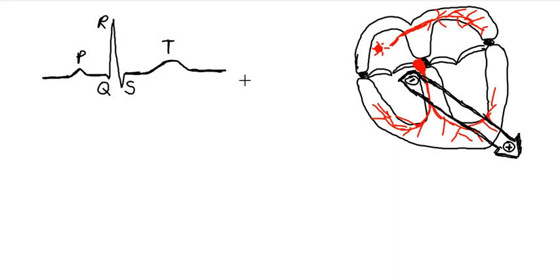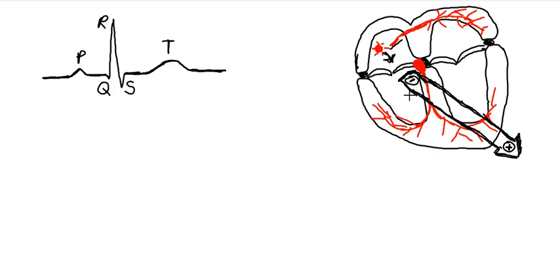Okay, so the SA node generates the electrical impulse and the impulse travels in this direction to depolarize the right atrium, and through Bachmann's bundle to the left side to depolarize the left atrium, meaning the impulse is traveling downwards and leftwards.